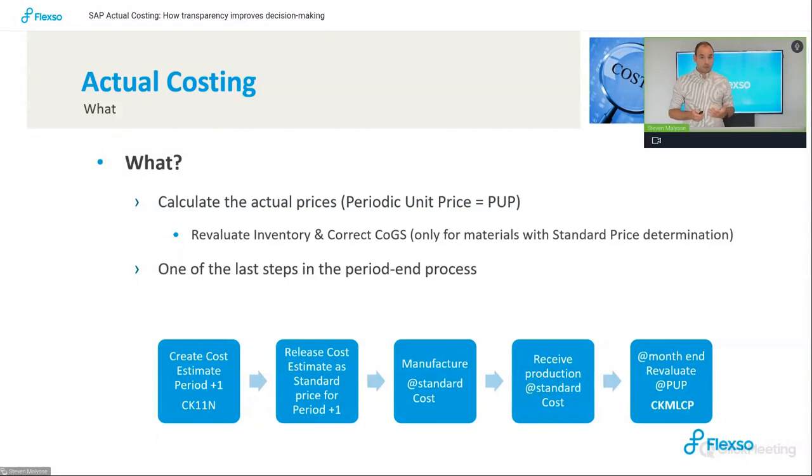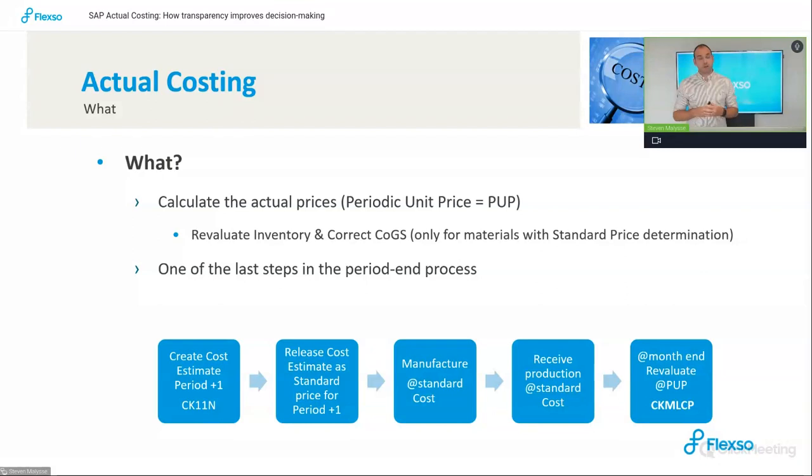So what is now the actual costing process? Like we said in the beginning, we calculate our costing estimate. We do manufacturing, meaning we capture all our costs. But then we let the system calculate an actual cost price, also known as the periodic unit price. This means a moving average is being calculated.